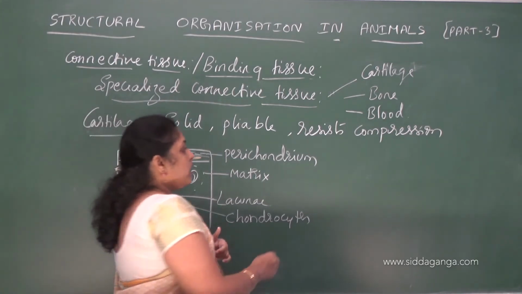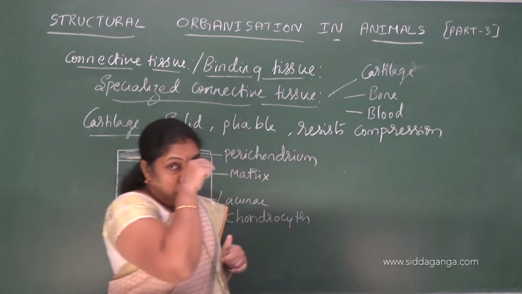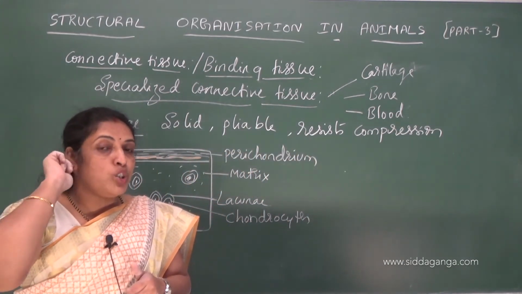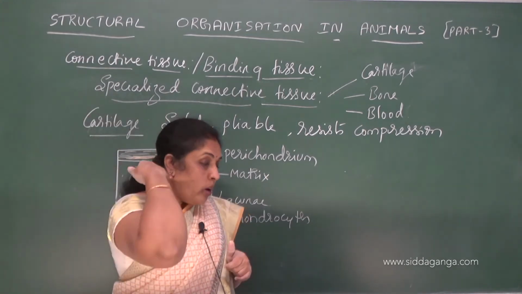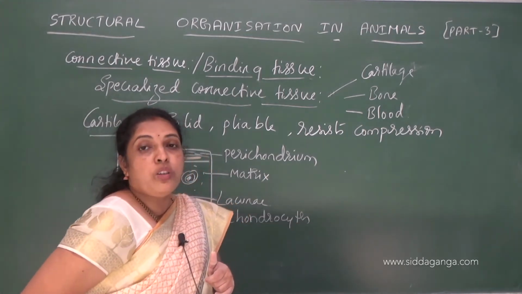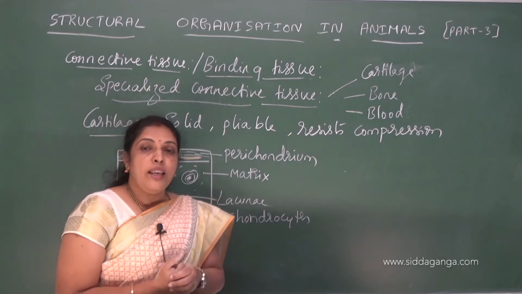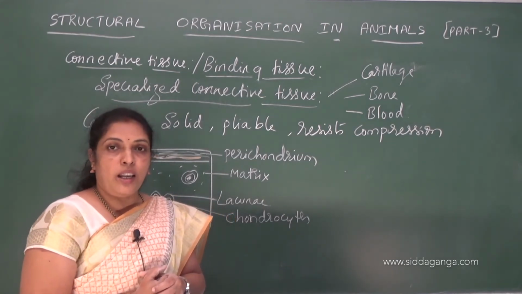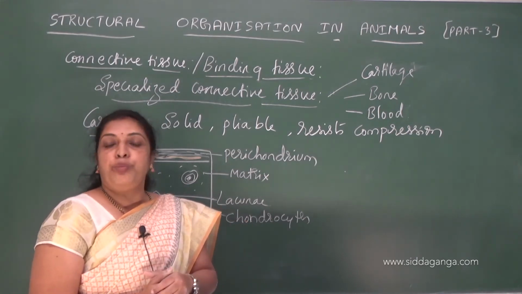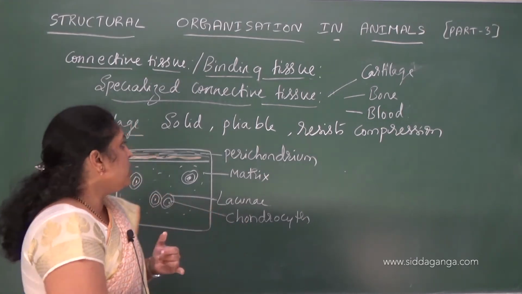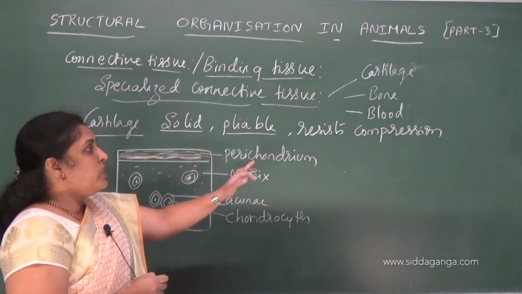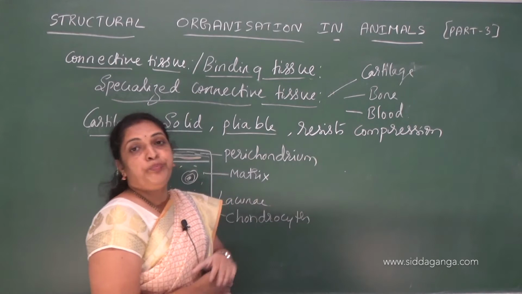Cartilage is also seen in the tip of the nose, the external outer ear, joints, and also between the bones of the vertebral column, limbs and hands in adults. It's all your competitive question. Cartilage is a solid, pliable connective tissue which resists compression.